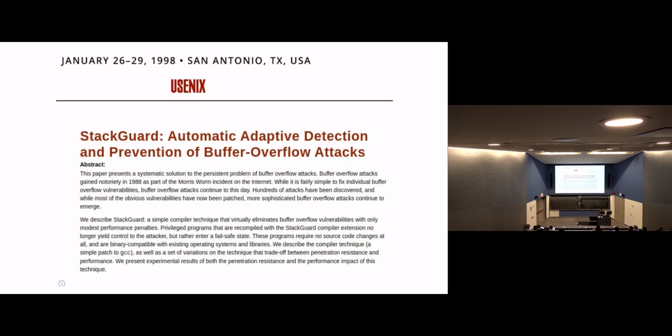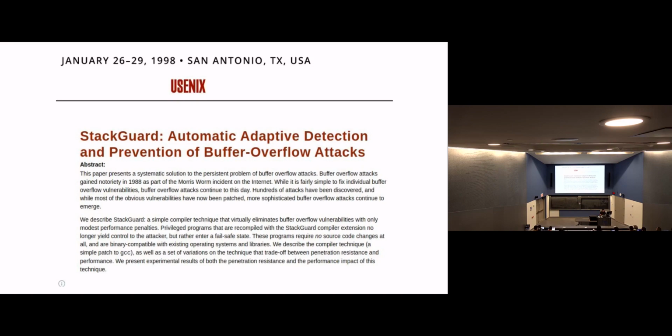So the original paper of this approach was published in USENIX Security, one of the conferences I just mentioned. It's a top 4 security conference. It was published back in 1998, and the title is StackGuard: Automatic Adaptive Detection and Prevention of Buffer Overflow Attacks.